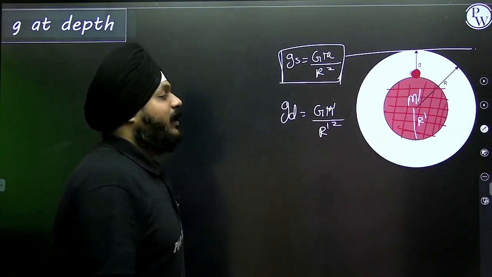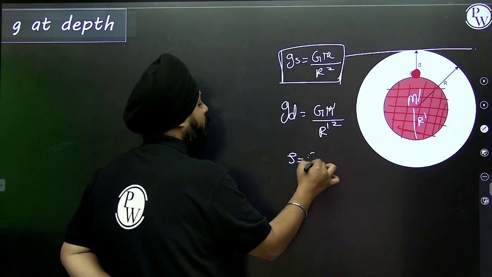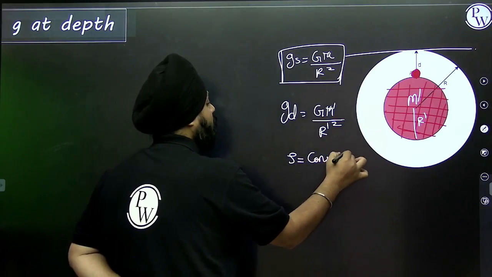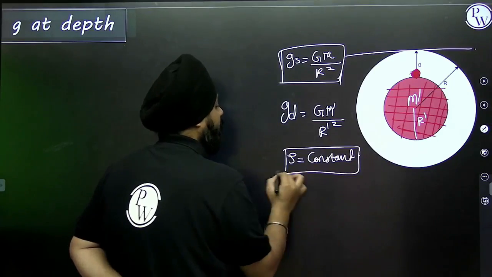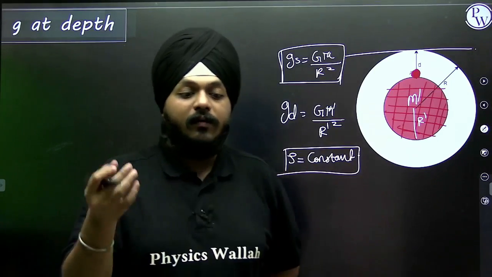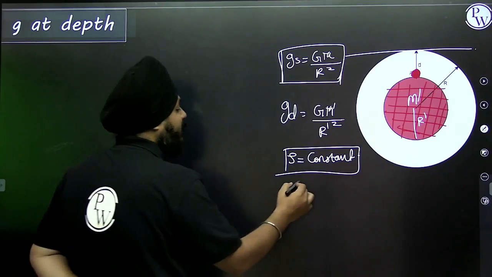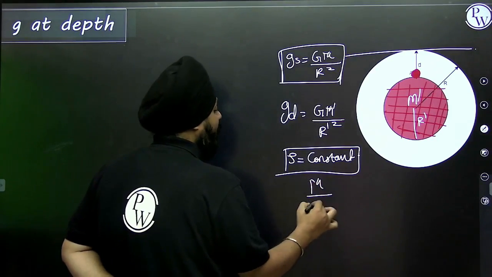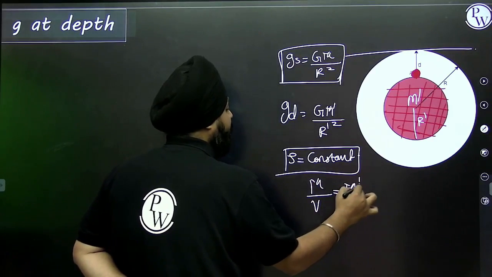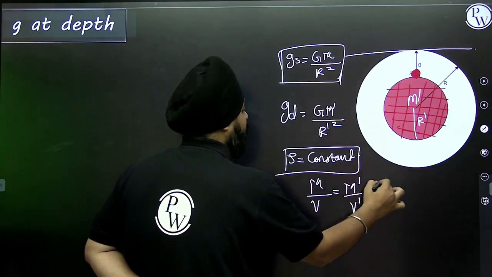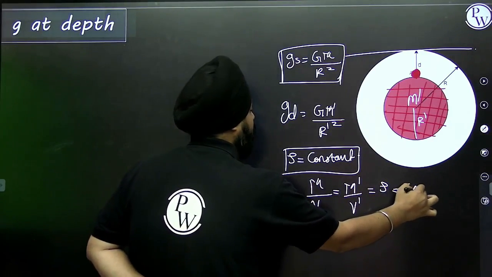Now, as the density of the earth is constant, the mass per unit volume of the earth, that is M dash by V dash, is the density and that is constant.